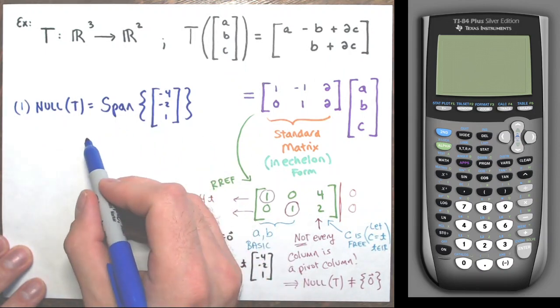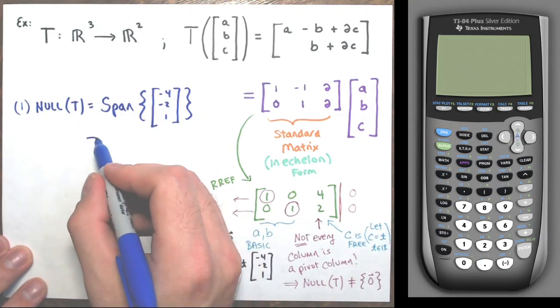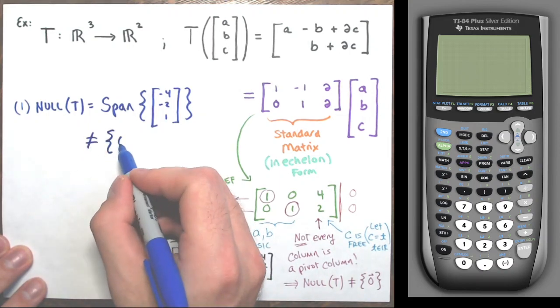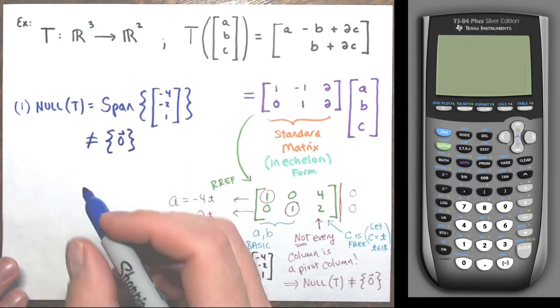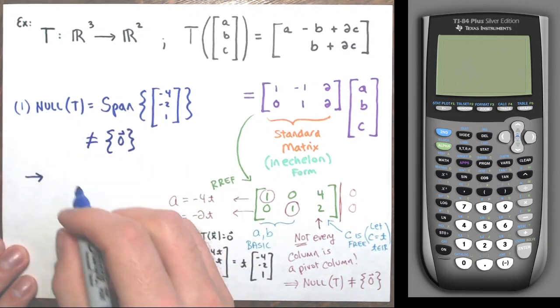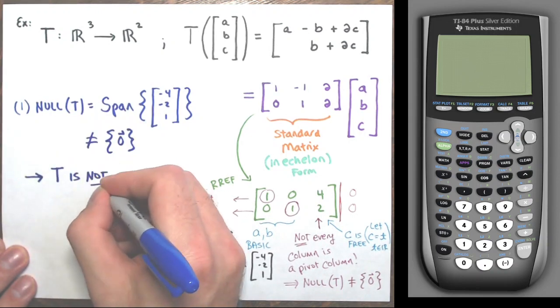And as I mentioned earlier, you saw that not every column in echelon form or reduced echelon form here was a pivot column. This is not just the set with the zero vector. So that tells me that T is not 1-to-1.